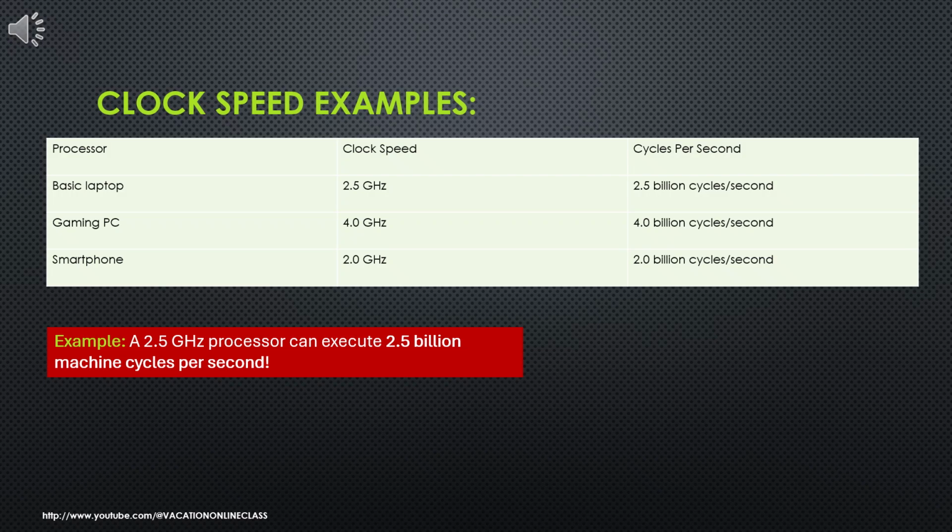So when you see that 4.0 gigahertz number, you know that CPU is completing the fundamental machine cycle 4 billion times every second. The clock is what controls the timing of the operations, and the bus is what controls the movement of data.